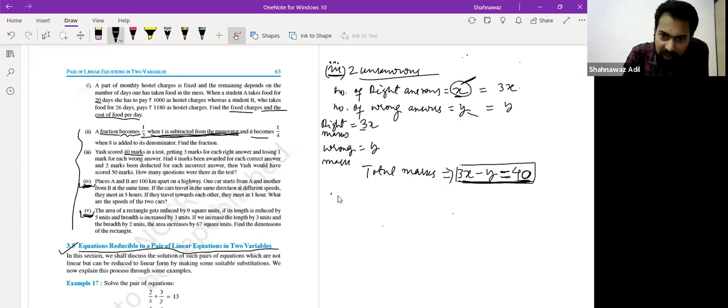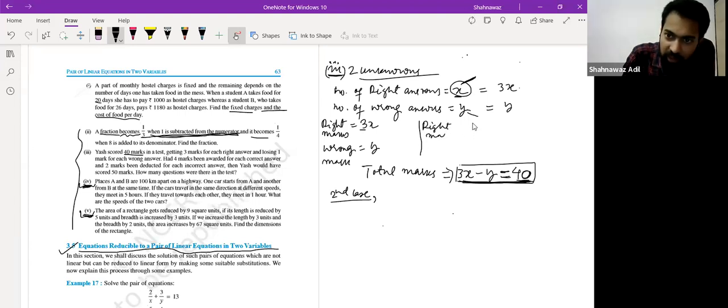Now tell me the second equation, Adil. This time he got 4 marks for the right answers and he has got X right answers. So how much will be the right marks? 4X.